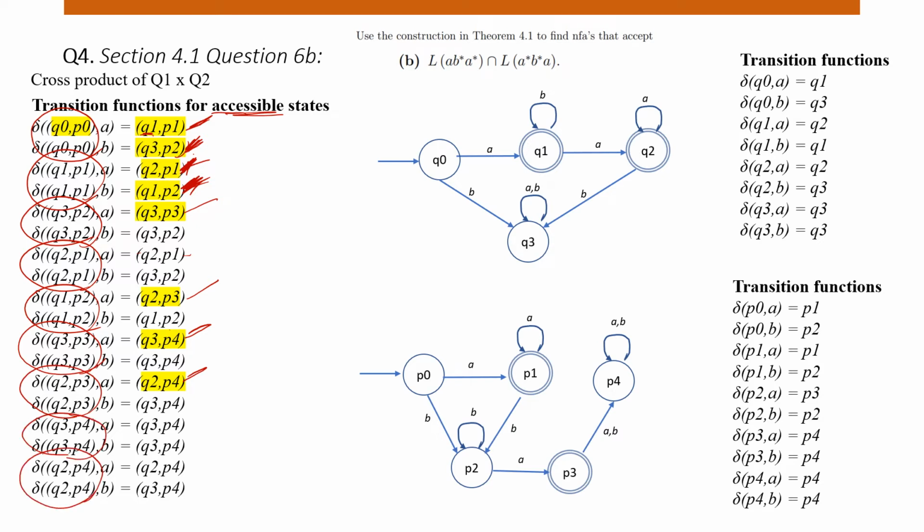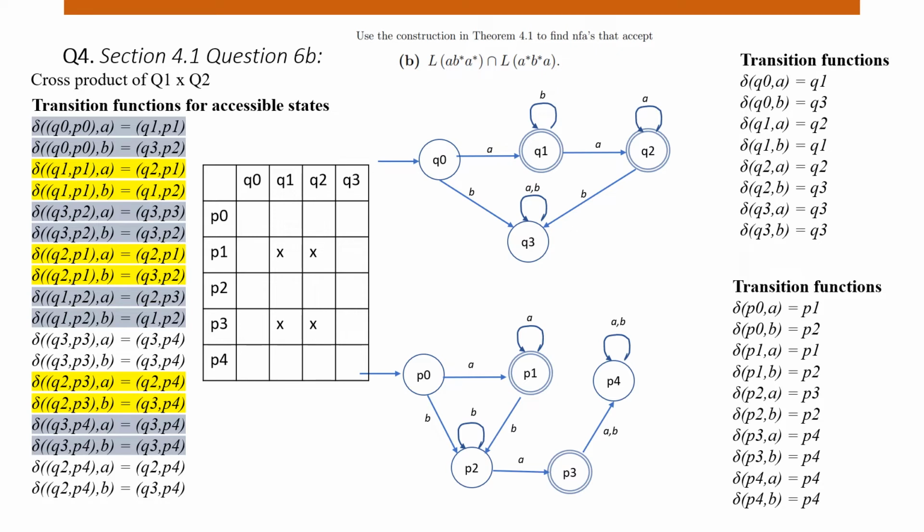So that's not the complete cross product. We only in the end will end up with a DFA with 1, 2, 3, 4, 5, 6, 7, 8, 9 states, which the cross product of these two would of course make more than 9. So you don't need to worry about any states that you never get to. And that's why they're highlighted here.